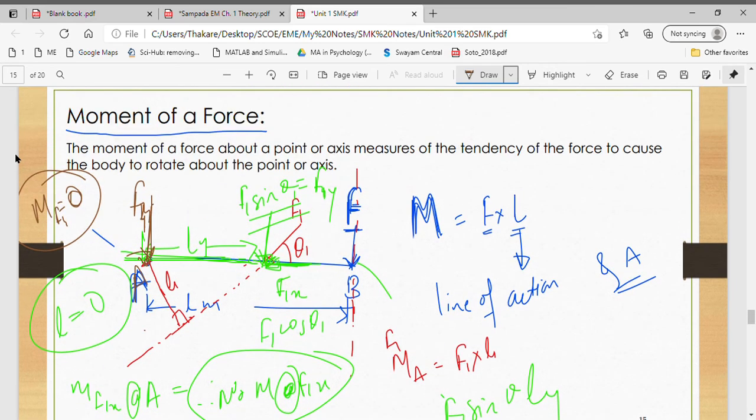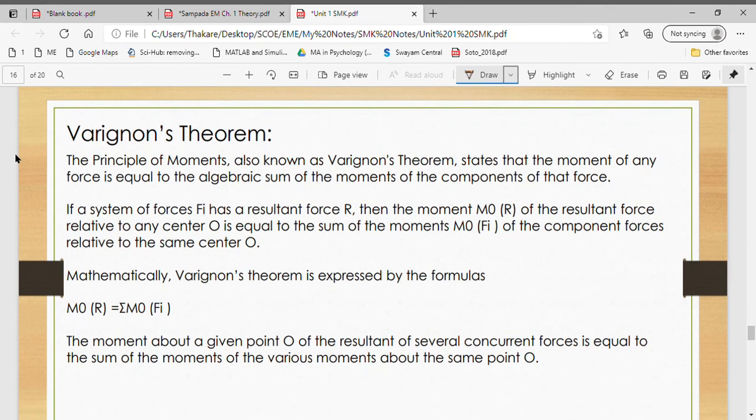The mathematical formula for moment is load into perpendicular distance. Now let us look at Varignon's theorem.